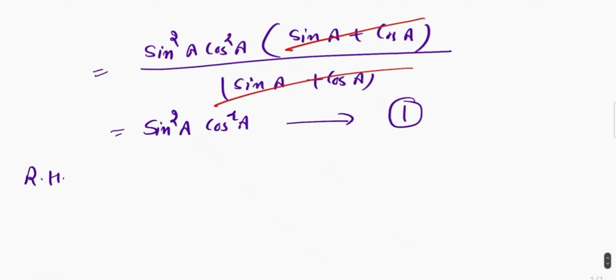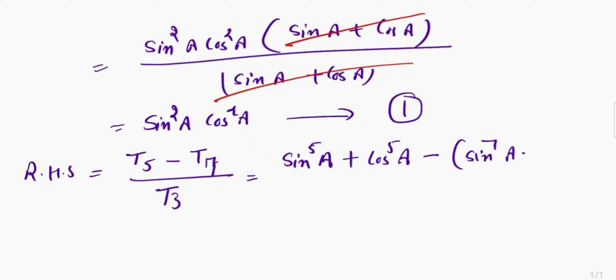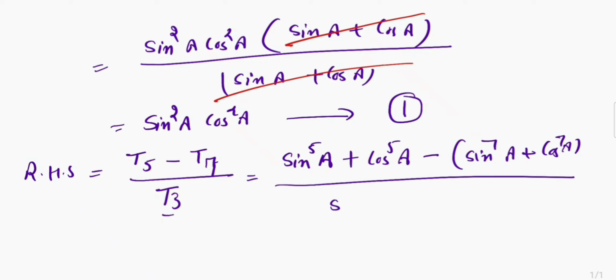Right hand side of my equation which is equal to (T5 minus T7) divided by T3. Now I'll put all the values in this. So I'll get sin raised to power 5A plus cos raised to power 5A minus (sin raised to power 7A plus cos raised to power 7A) divided by T3 which is equal to sin raised to power 3A plus cos raised to power 3A.